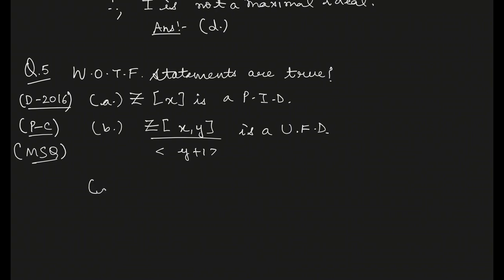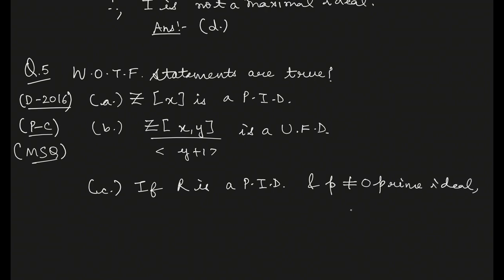Part C, if R is a PID and P is a non-zero prime ideal, then R by P has finitely many prime ideals.